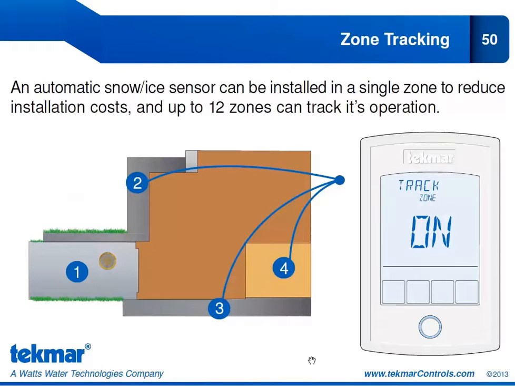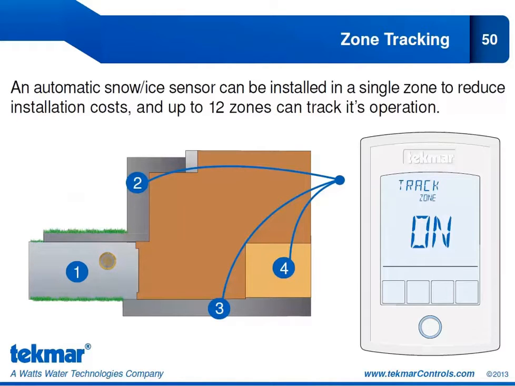Zone 2 will have that 4-hour melt cycle, but we can program a separate add melt time for Zone 2. So maybe Zone 2 only needs 30 minutes of additional melt time. I can do that. I can also program individual add melt times for Zone 3 and Zone 4. So you share the operation of Zone 1, but you can customize the add melt time for each of those zones.